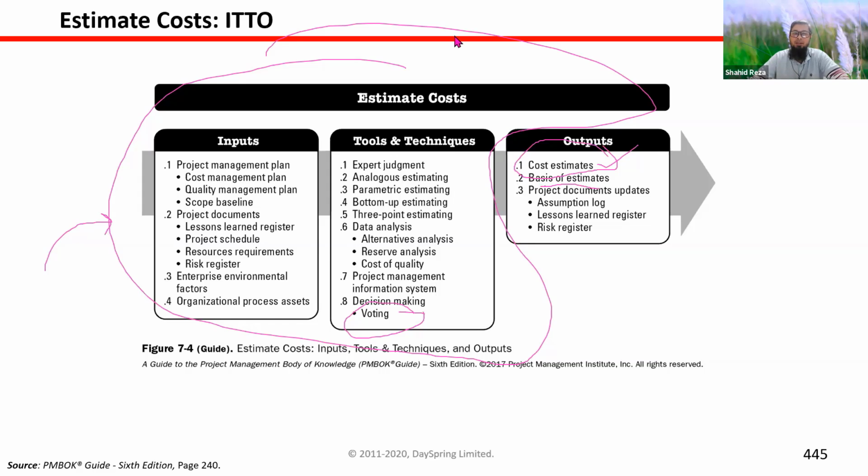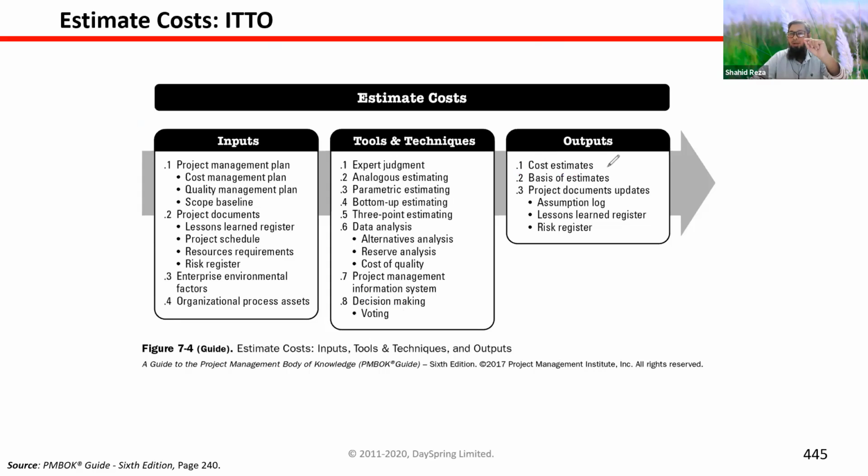Basis of estimate means: based on what did you estimate this cost for a task? For example, you are going to buy rod. One task will need 40 tons of rod. If the rod price is, say, 65,000 taka per ton, where did you get this data from?